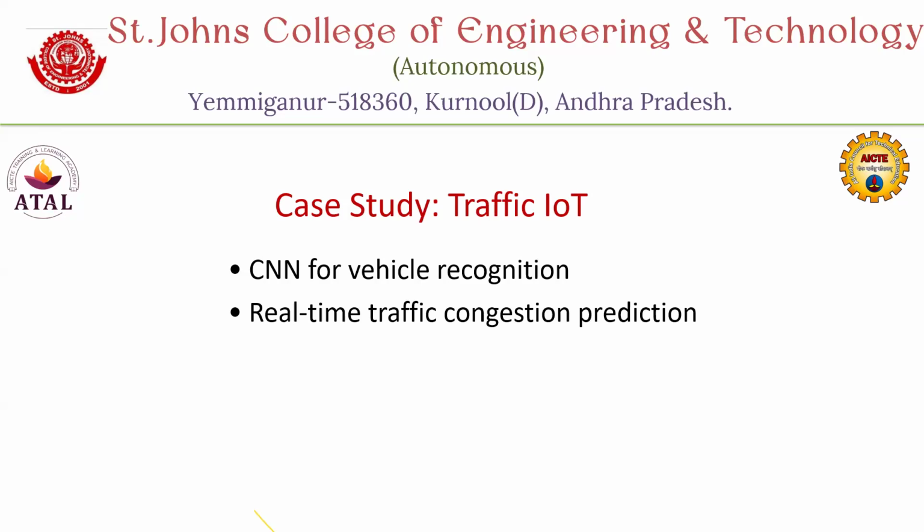After getting that information, it is processed through both machine learning and deep learning algorithms, and based on that it predicts real-time traffic congestion. Based on that, the signal point makes a decision and allows vehicles in a proper way so that traffic congestion can be controlled. This is one application which easily shows how deep learning and machine learning algorithms help in controlling traffic.